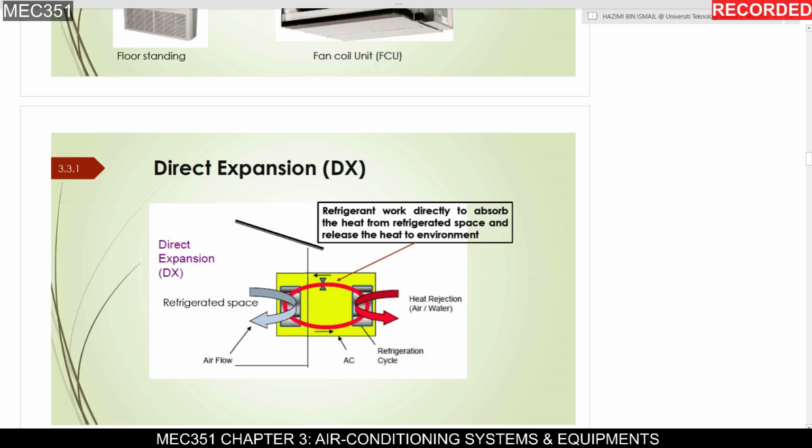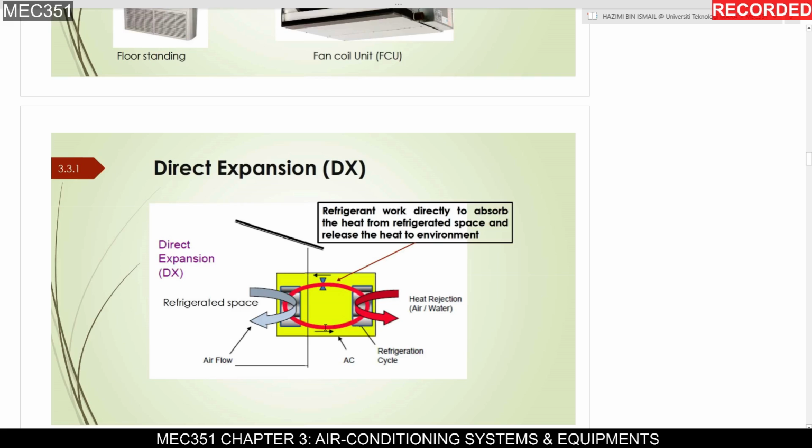Okay, so here the refrigeration cycle in the direct expansion aircon is directly used to remove heat from the refrigerated space to the outside. So here we have the evaporator, and here we have the condenser. Here and here we have the expansion valve and the compressor.